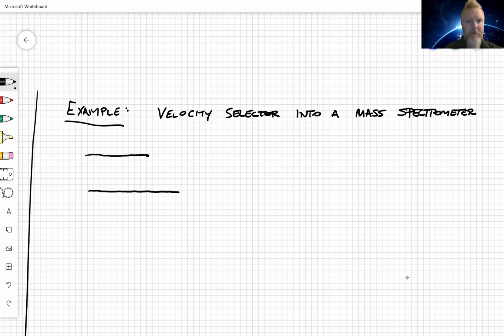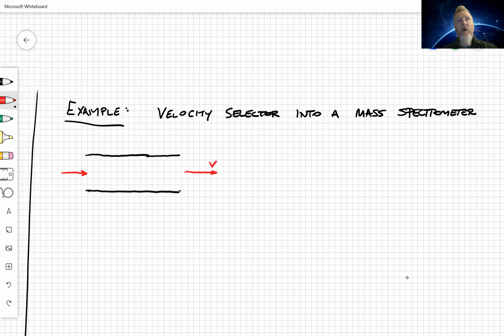I'm going to make that a little bit longer. Okay, so here we have a set of parallel plates. Charges are going to come through here. They're going to come into here with a whole range of velocities, but they're going to come out of here with just one.